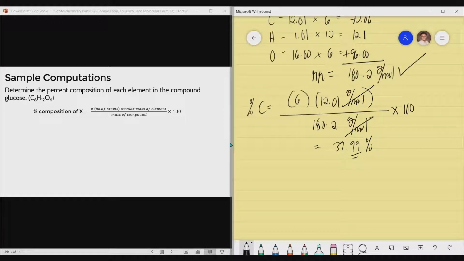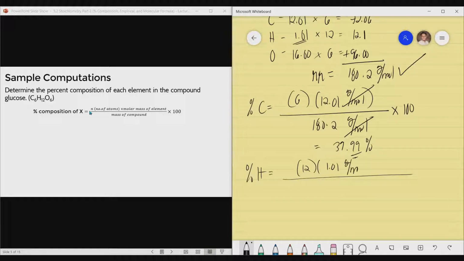Now the next component will be percent composition of hydrogen. Again, same procedure. I'll be writing the numerator as the subscript for hydrogen, which is 12, multiplied by its molar mass, 1.01 grams per mole, all over 180.2 grams per mole as well. That unit will be cancelled, times 100.